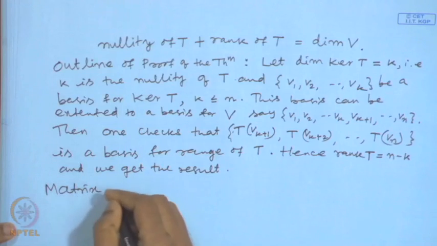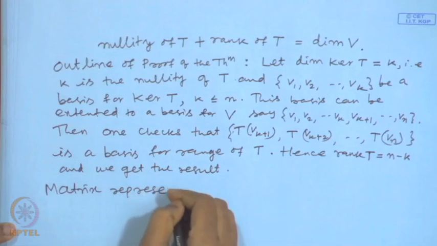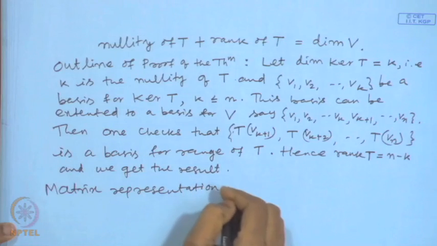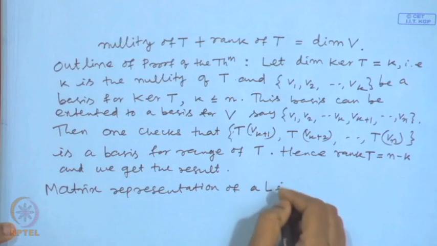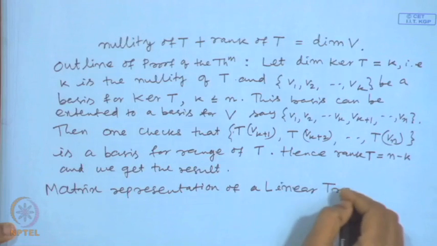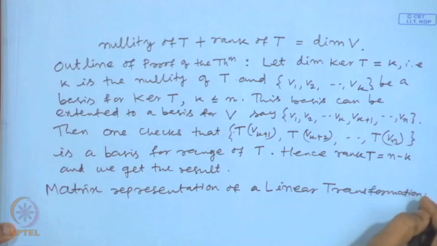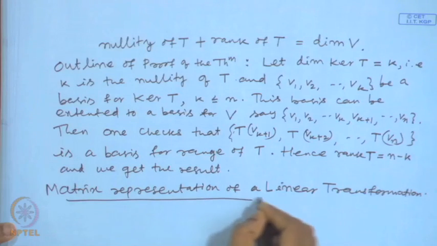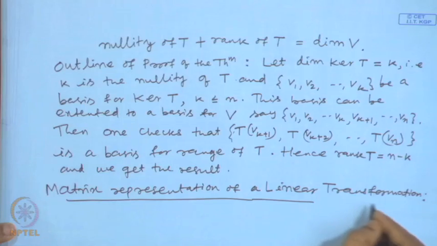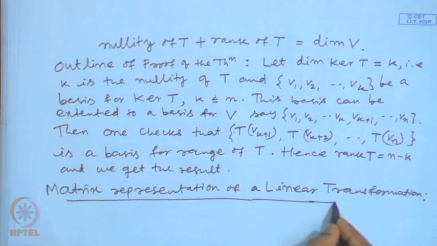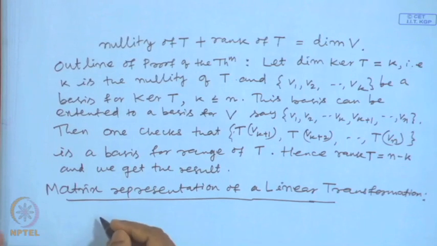Here we see that every linear transformation can be expressed as a matrix, and every matrix gives a linear transformation, so there is some sort of correspondence between matrices and linear transformations.